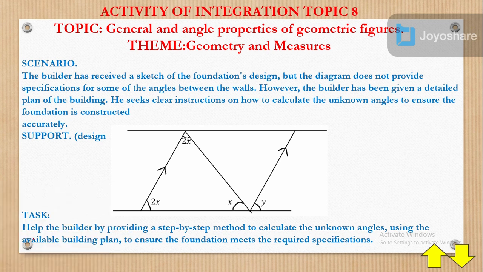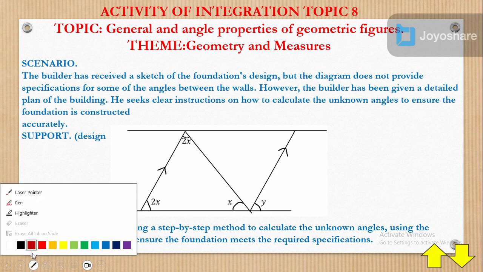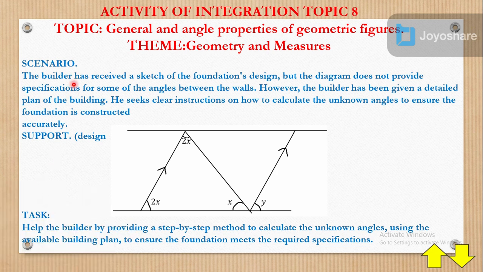It does provide specifications for some angles between the walls. However, the builder has been given a detailed plan of the building. He seeks a clear instruction to calculate the unknown angles to ensure the foundation is constructed accurately.